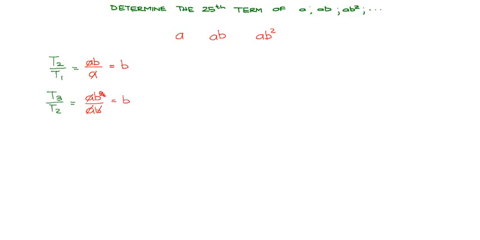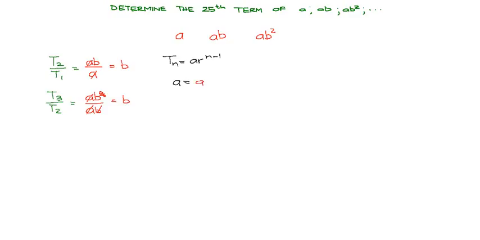Now let's talk about our standard formula so that we can create a general nth term. Our standard formula is Tn is equal to a times r to the power of n minus 1. Let's chat about what the different variables actually represent. A is always the value of the first term, and that is a.